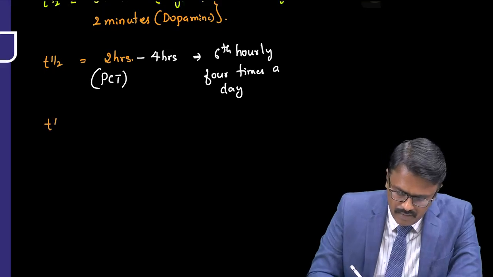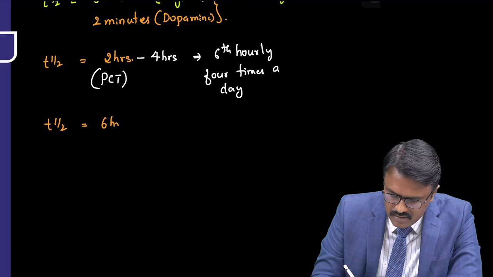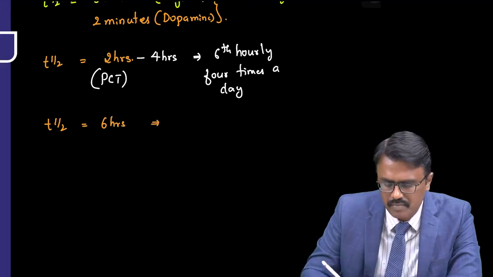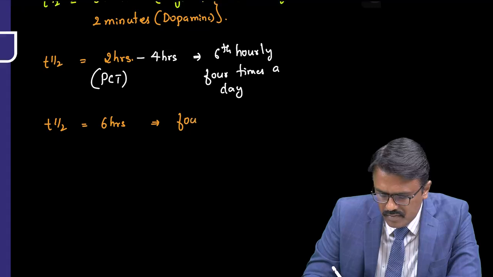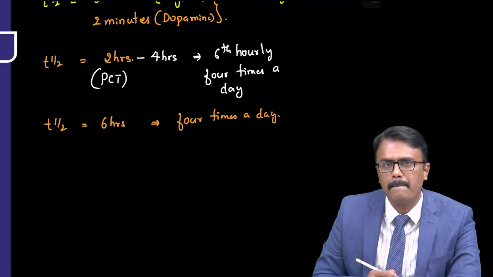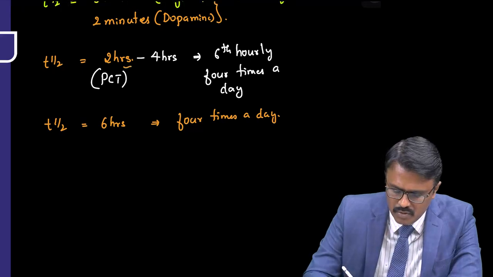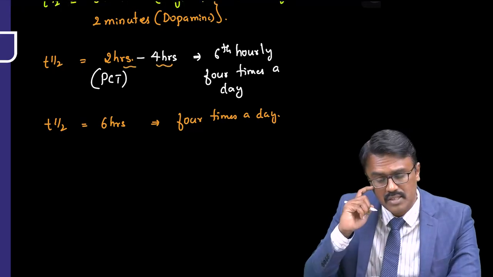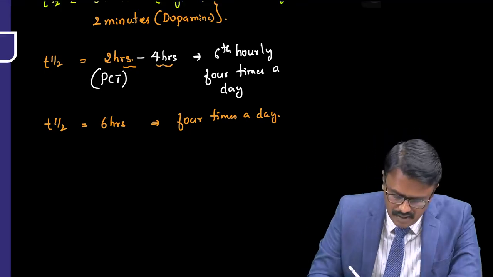Now, if the half-life of a drug is around 6 hours, how many times in a day do you have to give it? Again, 4 times a day. Even if the half-life is 2 to 4 hours, we make the dose such that it is given 4 times a day.